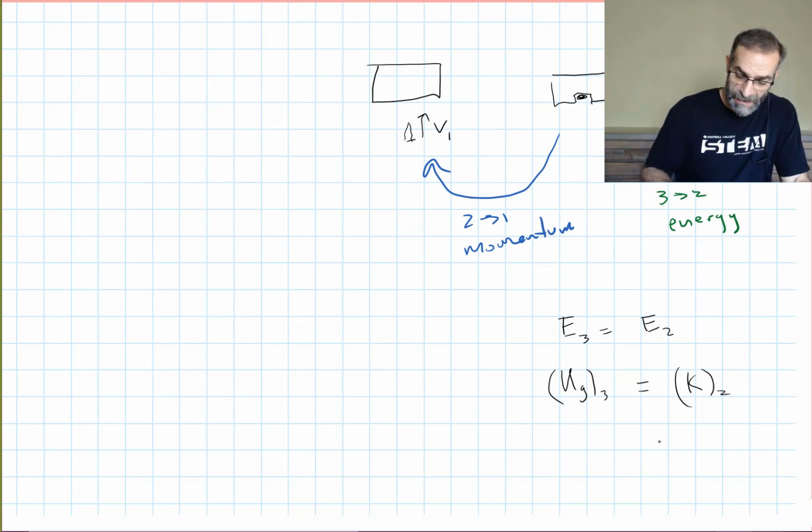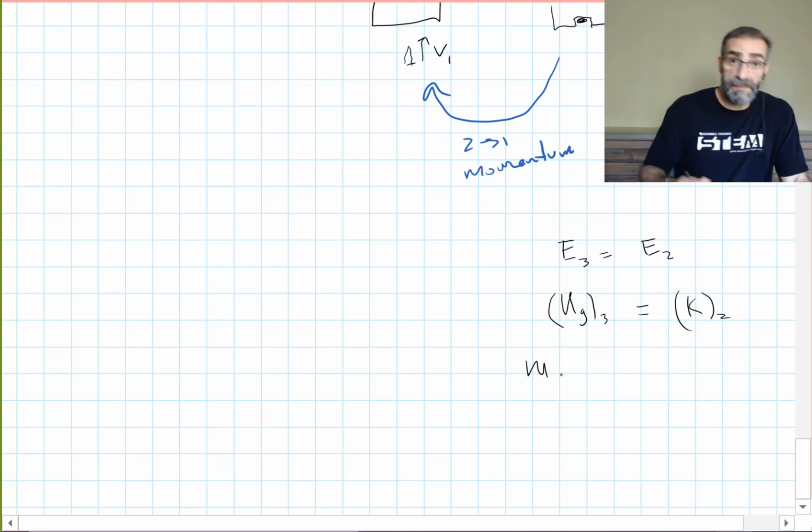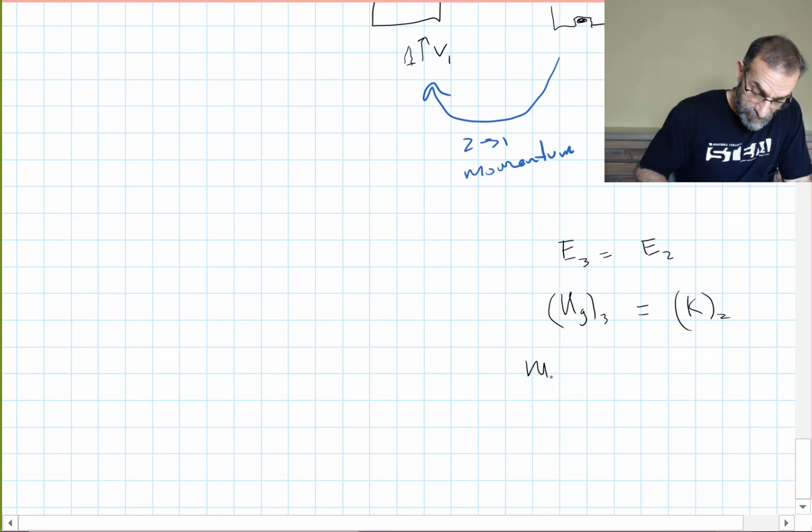So we can just say gravitational energy, M. And it's M of everything, right? The bullet plus the block, both. M G H equals 1/2 M of everything, V squared.